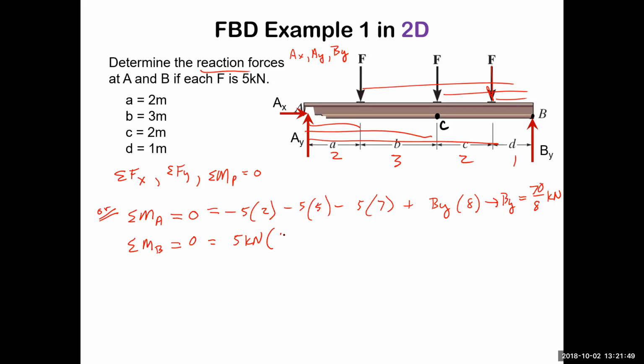We're going to say 1 plus 3 plus 6 meters. Those are positive, going counterclockwise, and then minus AY times 8 again. And therefore, AY is going to equal 50 over 8.